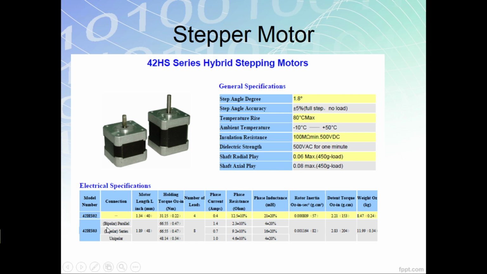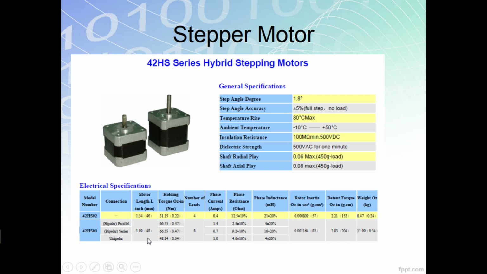So we are using the 42HS03 model. As you can see here in the connection column, it can be connected in bipolar and unipolar. If in bipolar, it can be connected in parallel or in series.